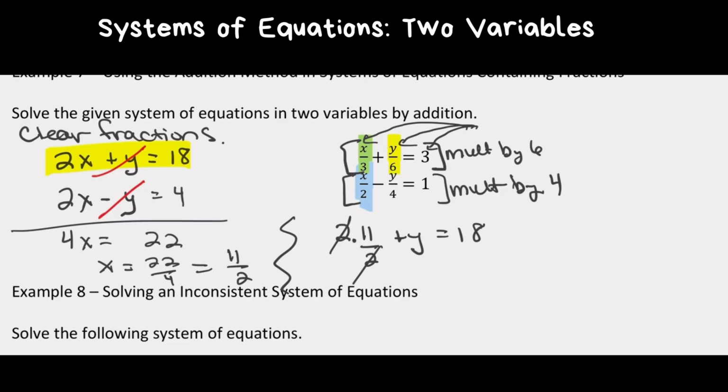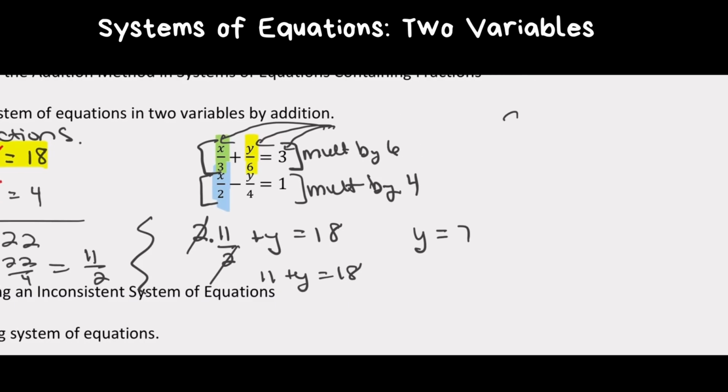Well, it's 11 plus y equals 18, which means y, subtracting the 11, y is equal to 7. So basically my solution here is 11/2 for x and 7 for y.